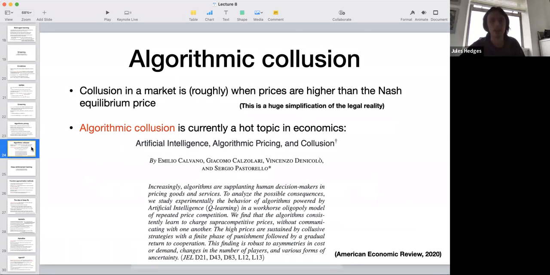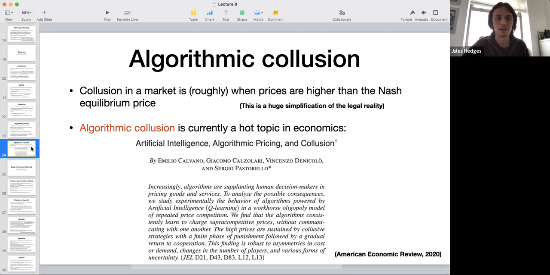An interesting topic, which is currently a bit of a hot topic in economics, is something called algorithmic collusion, which is the possibility that reinforcement learning algorithms could be essentially breaking competition law by setting the price higher than it should be.